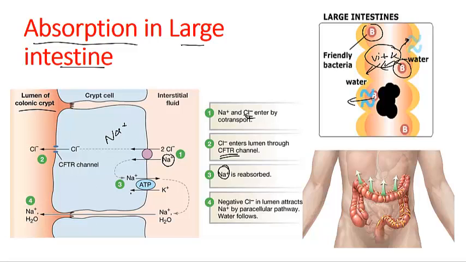That's the whole idea of the absorption there. It's not a primary means of absorbing water, but as a lot of sodium and chloride is being absorbed to balance the equilibrium of the concentration of the ions, water flows in by osmosis. That in a sense is the absorption process that takes place in the large intestine.